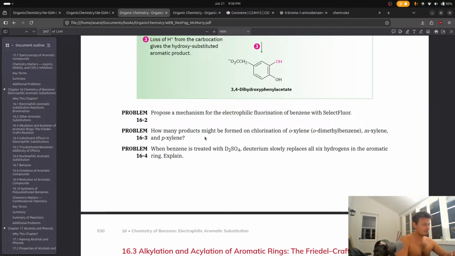So in orthoxylene, how many products might be formed by chlorination? Yeah, what kind of question is this? So we do Cl2 and FeCl3.